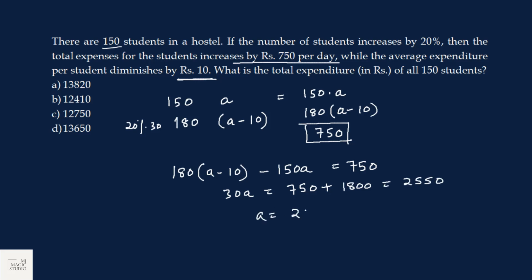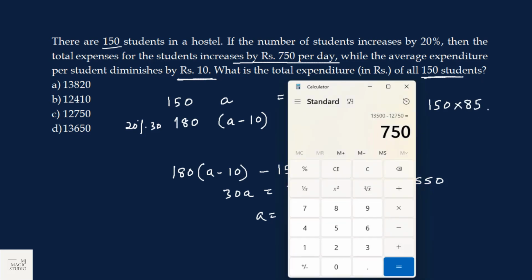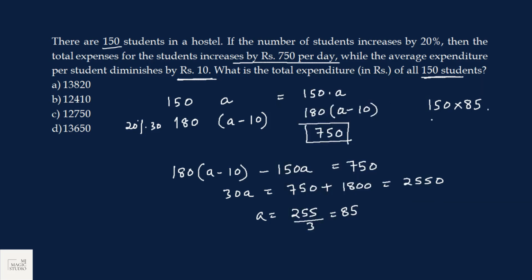So A is 255 by 3, that is 85. What is the total expenditure of all the 150 students? It is 150 into 85, that will give us 12,750. That is in option C.